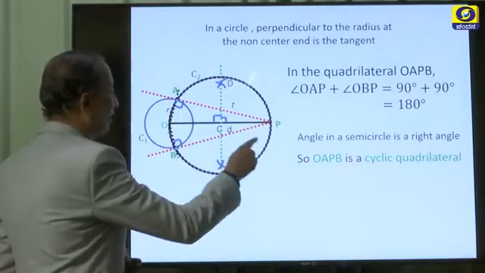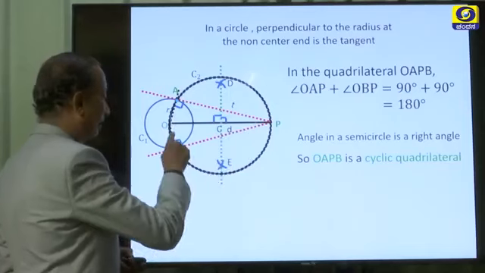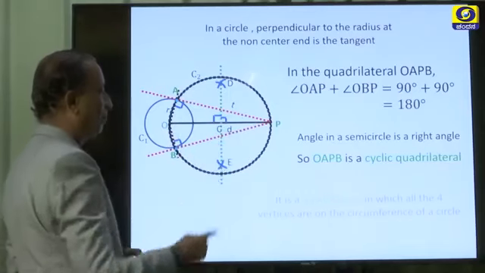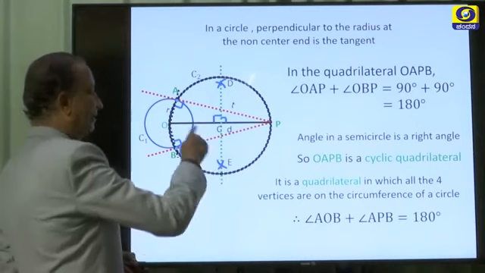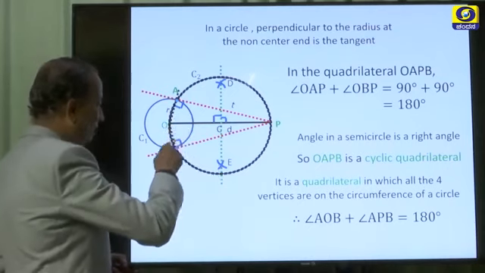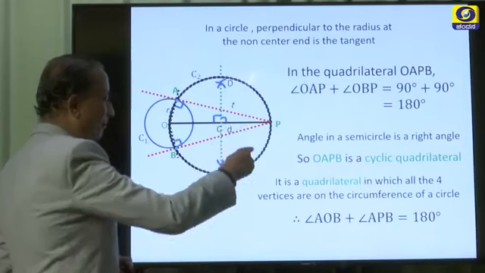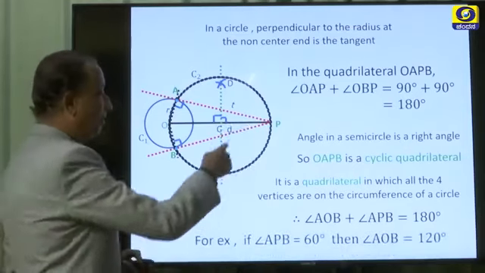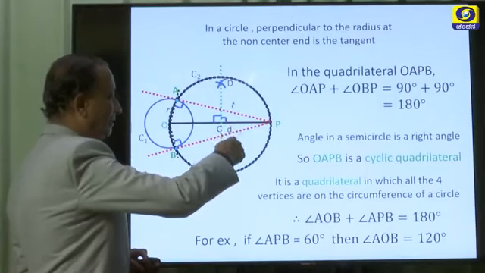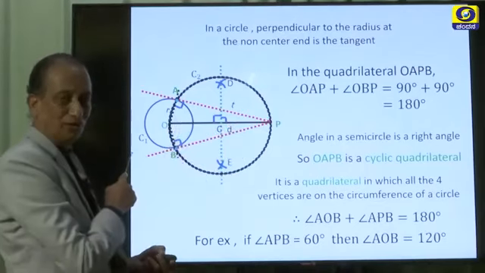Once OAPB became a cyclic quadrilateral, the other pair of opposite angles should also be equal to 180 degrees. So, angle AOB plus angle APB should also be equal to 180 degrees. As an example, say if this angle is 60, this has to be 120.